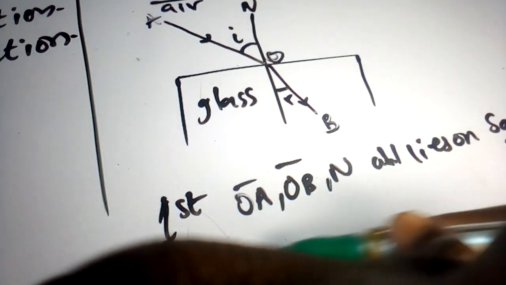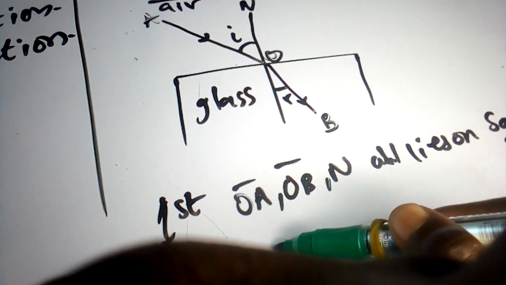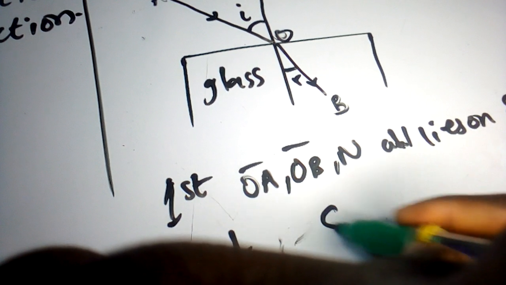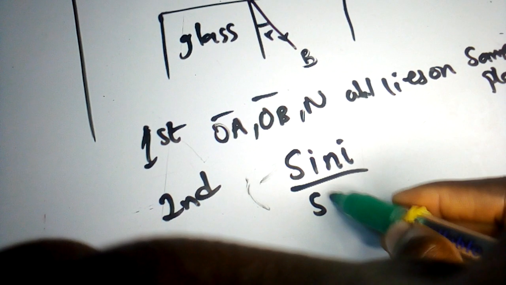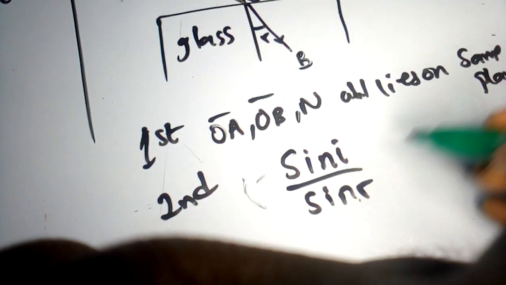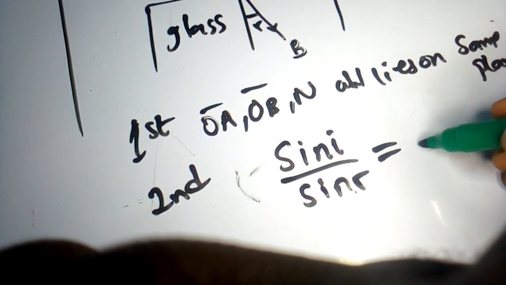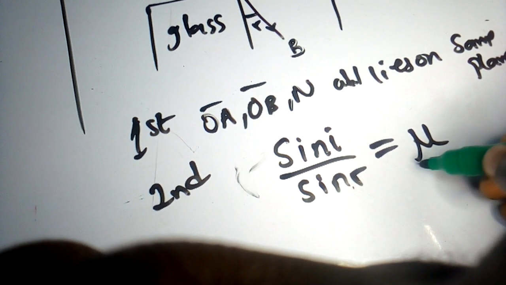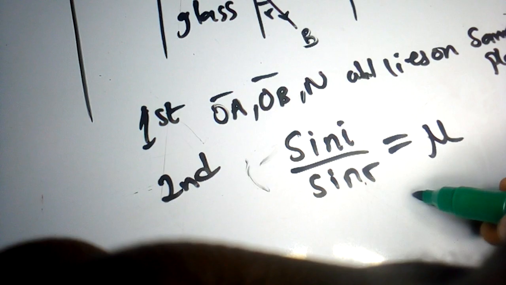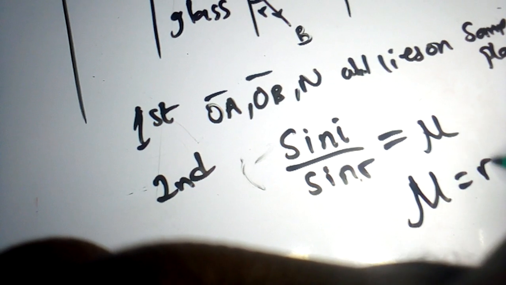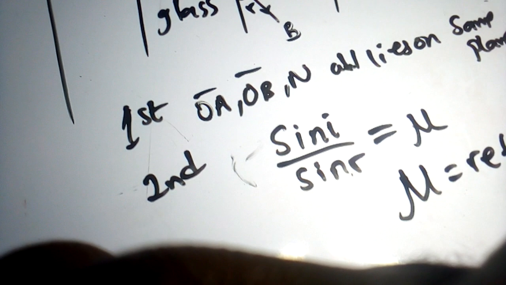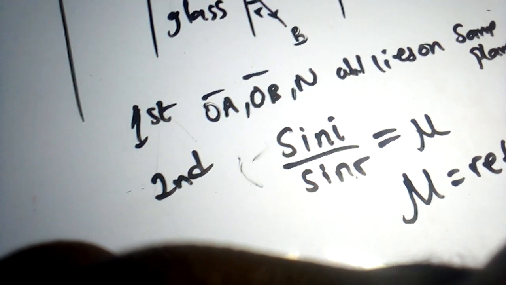The second law is telling us that the sine ratio, that is the sine of the angle of incidence to the sine of the angle of refraction, is equal to a constant. This constant is called the refractive index.